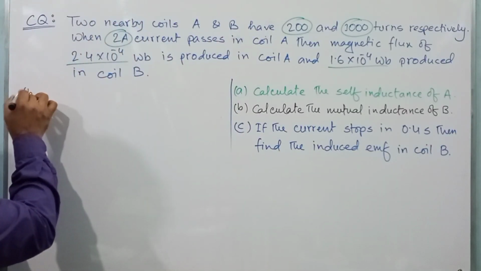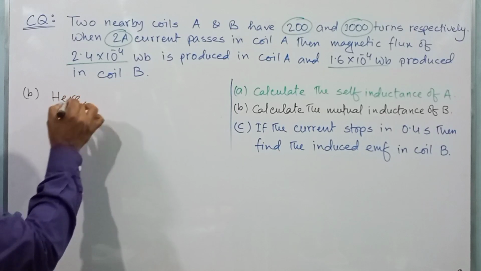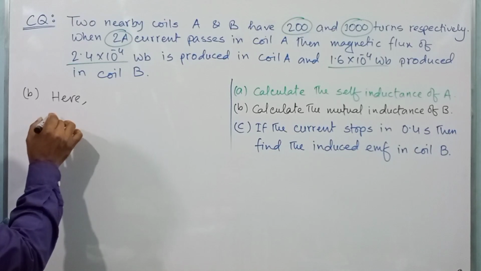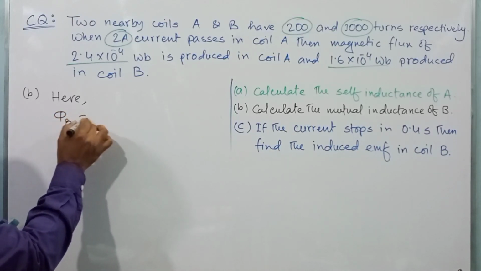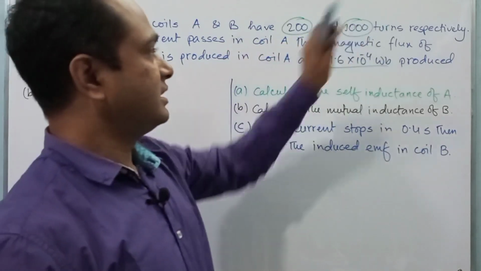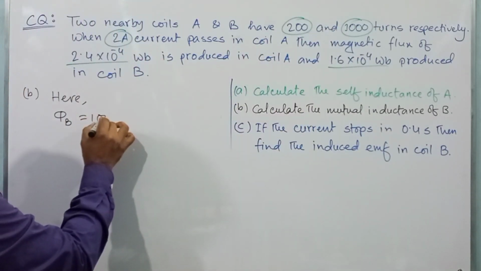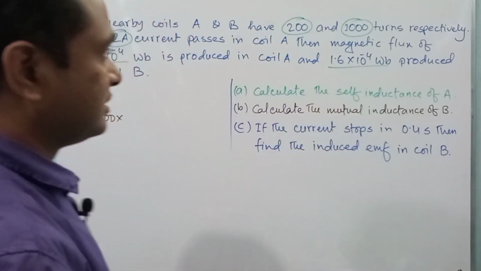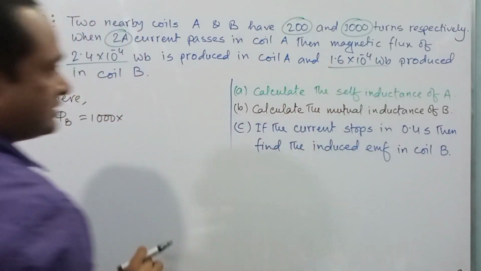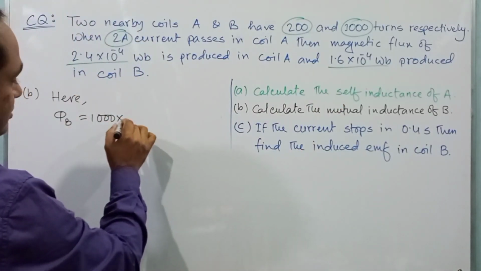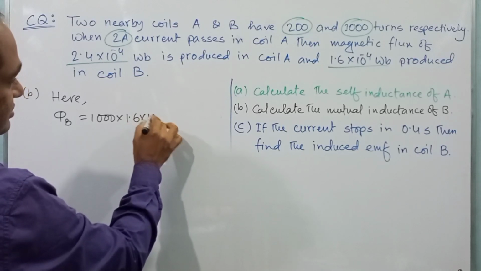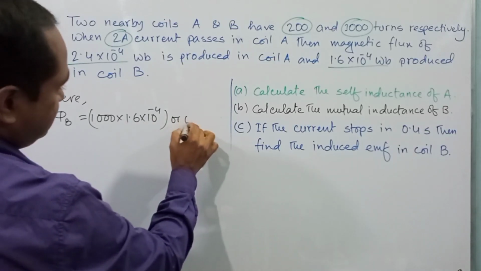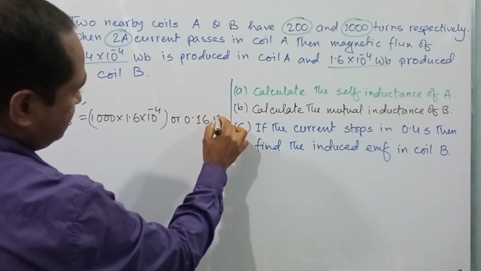Here the flux related to coil B, denoted by phi B, is equal to the number of turns in coil B, which is 1000, multiplied by the flux related to coil B, 1.6 into 10 to the power minus 4, or it will be 0.16 Weber.